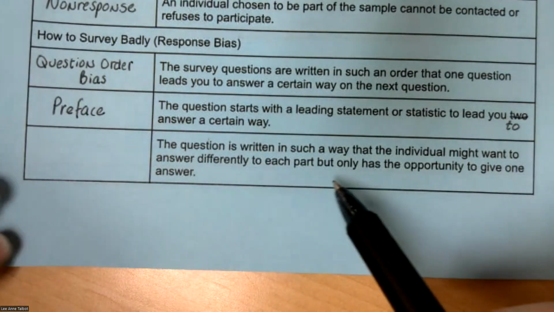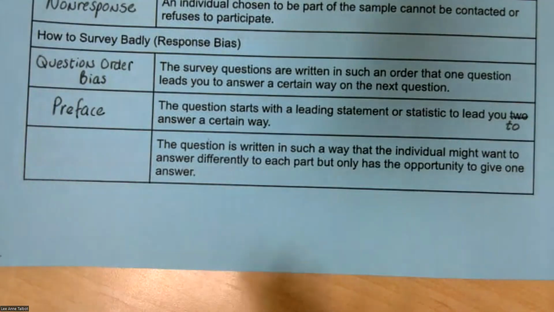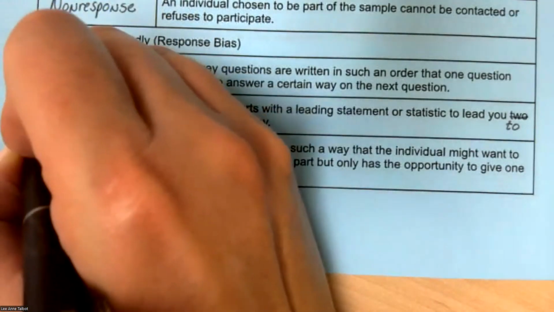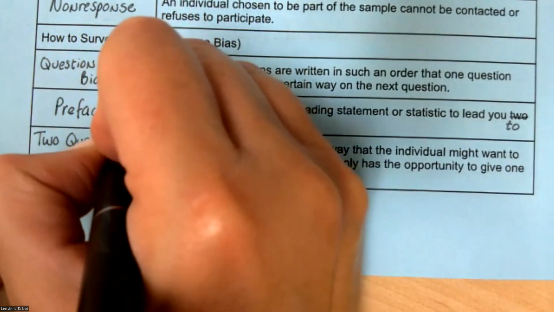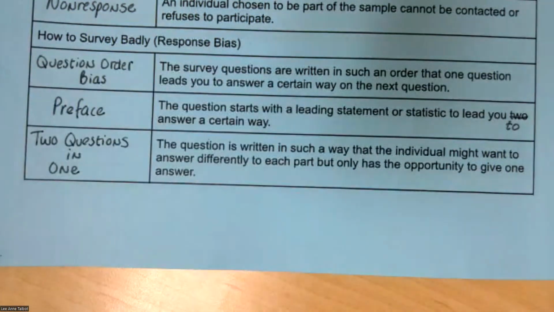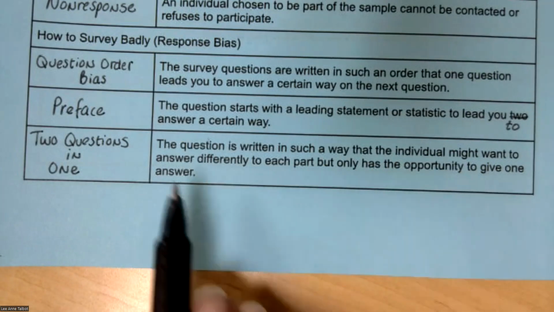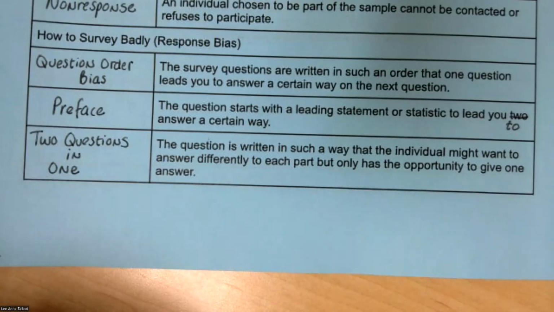This one is called what? Two questions in one. The question is written in such a way that the individual might want to answer differently to each part, but only has the opportunity to give one answer.